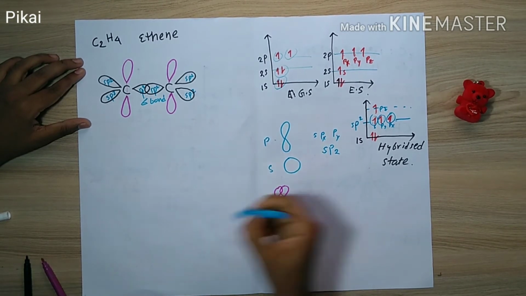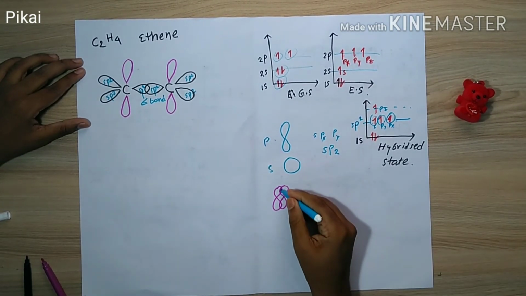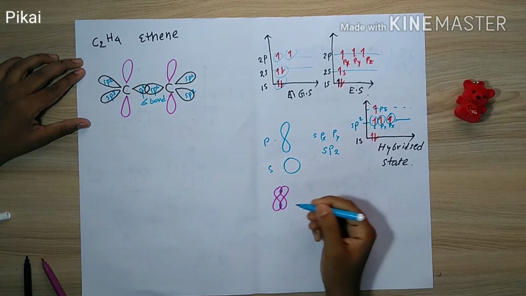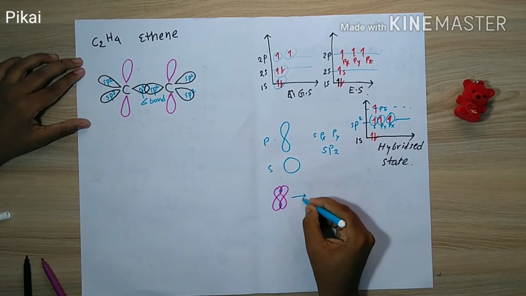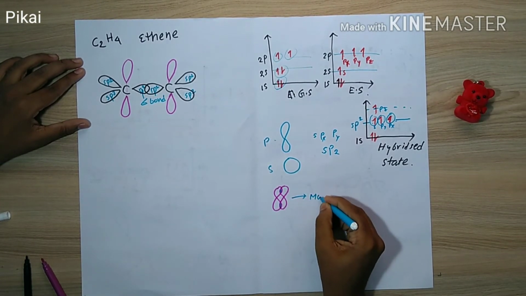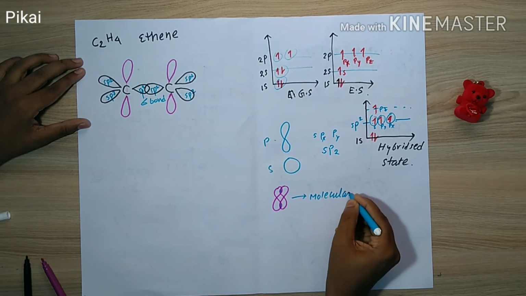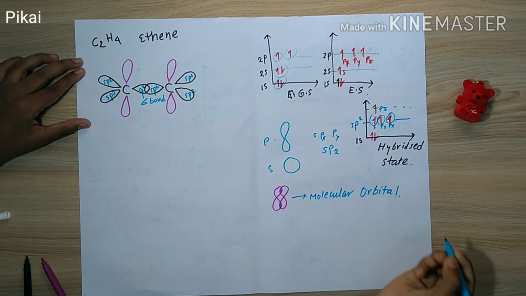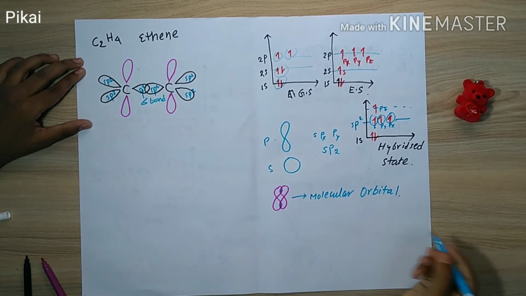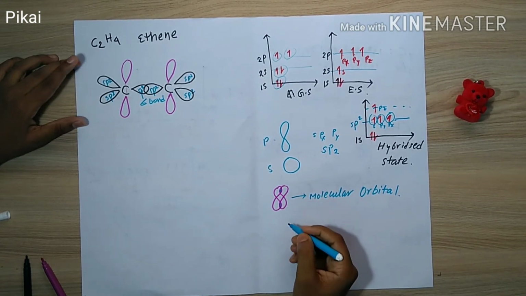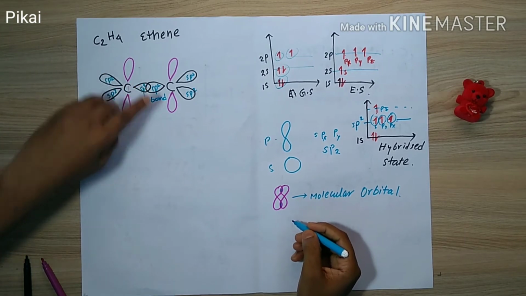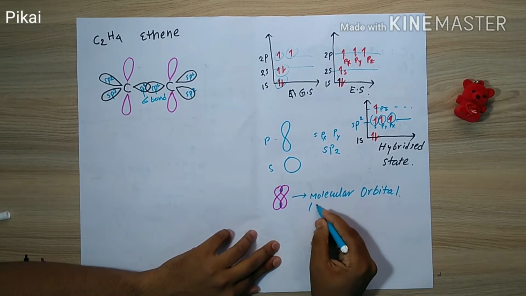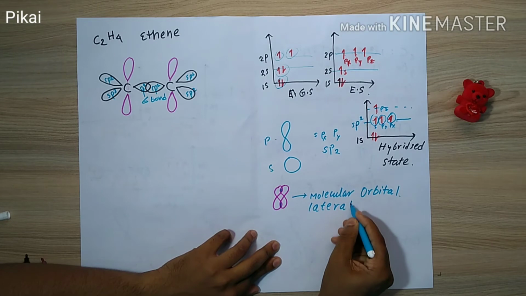These two orbitals overlap laterally, the two lobes overlap, and this overlapping region contains the electrons shared between the orbitals of different atoms. After the overlapping, the atomic orbital turns into a molecular orbital, thus a bond. The overlapping of two lobes leads to the formation of one pi bond.